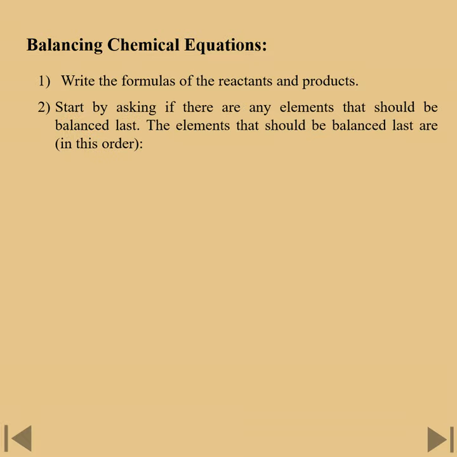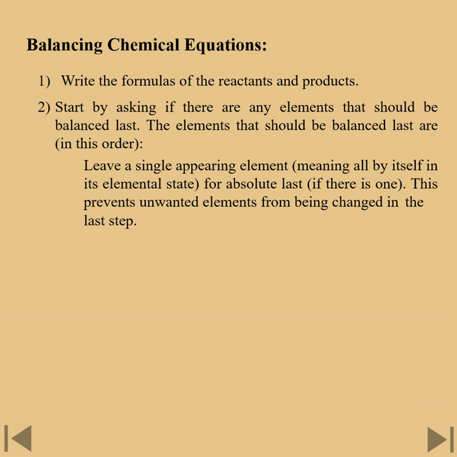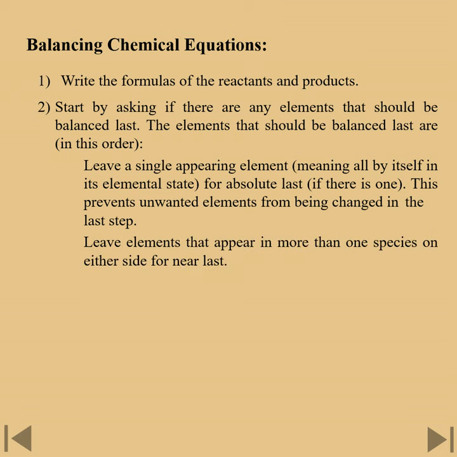Then step 2 is we're going to start balancing the reaction, but we begin by asking, is there any element we should leave for last? We want a single appearing element like just O2 or just C or just S to be left for last. We don't want to leave C and CO2 for last because then it's changing the O as well.